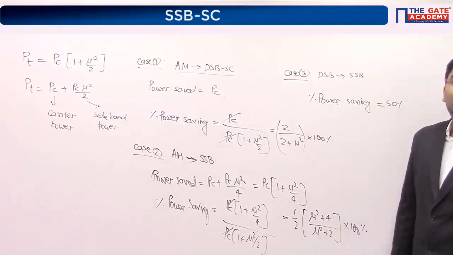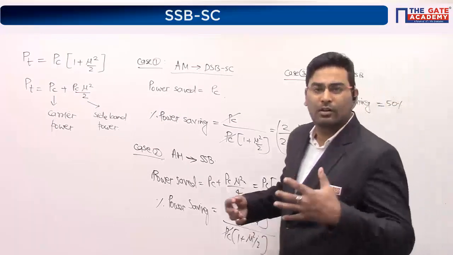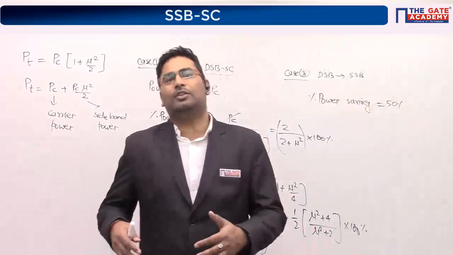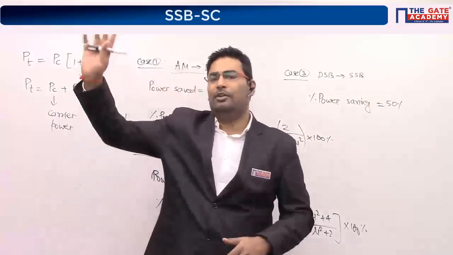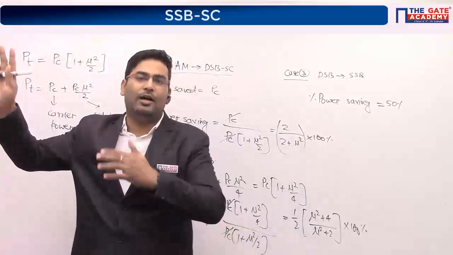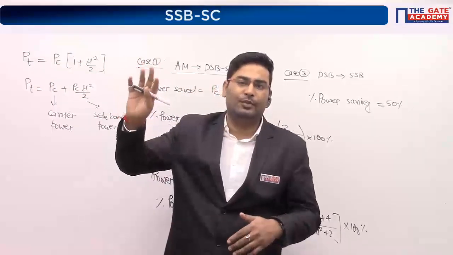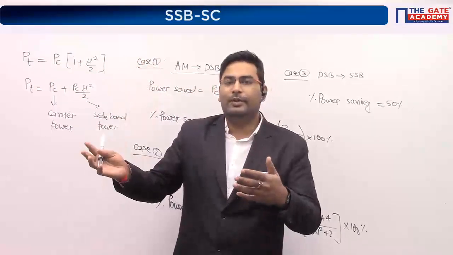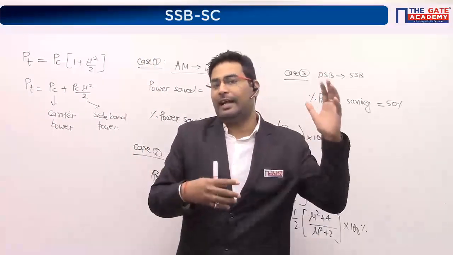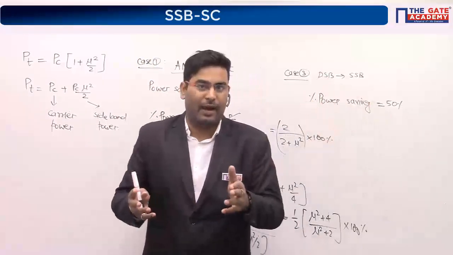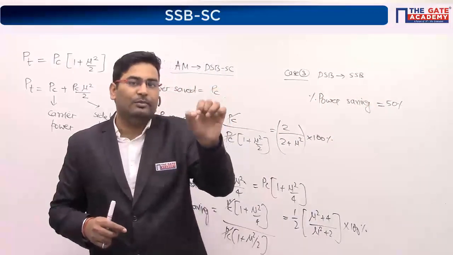So please don't remember this formula. Remember the concept. The whole story is like this; I can summarize it in 2 minutes. Start with amplitude modulation, with the formula PT equal to PC (1 plus mu square by 2). In DSB, you are saving the carrier, PC. In SSB, you are saving the carrier as well as one sideband, meaning PC plus PC mu square by 4.